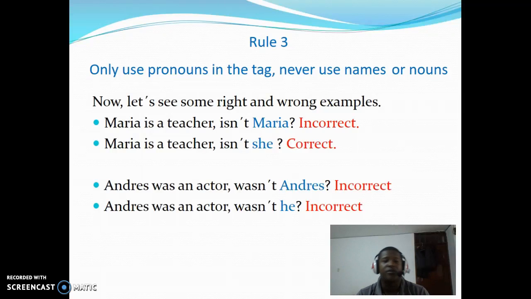Let's see the second example. Andres was an actor, wasn't Andres? That's incorrect. Again, I'm repeating Andres. Andres was an actor, wasn't he? That's correct. I'm so sorry again. I wrote here incorrect and it was correct. Okay, I'm quite sure you noticed. But let's continue. Now you know what I mean.